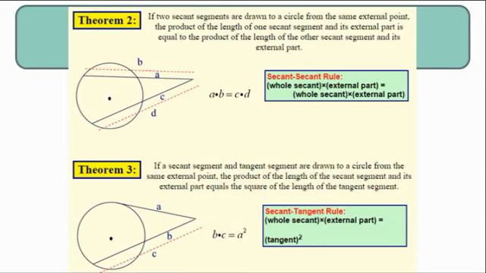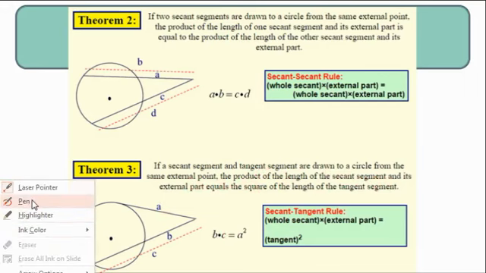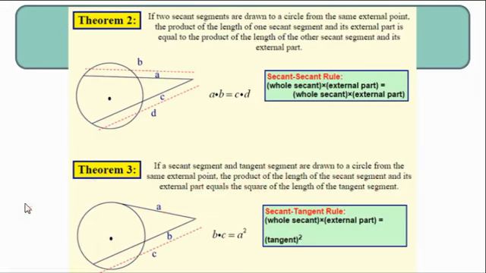And that's kind of just an extension of that first theorem that we just talked about above, because technically if you say we want to take this whole thing, A, times the external part, well, that's the whole thing, A, and that's going to be equal to C times B. And so that's where the second theorem here that you see is derived from.